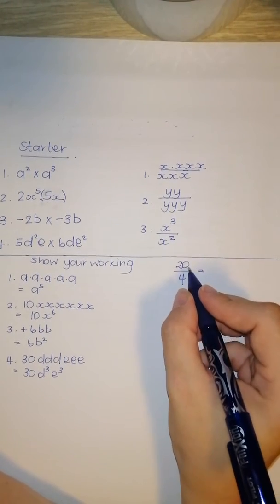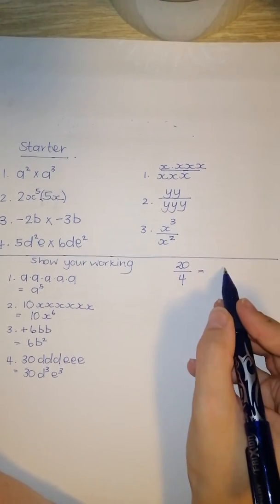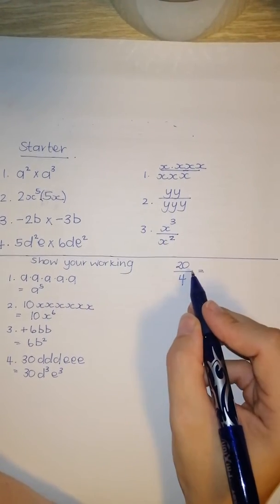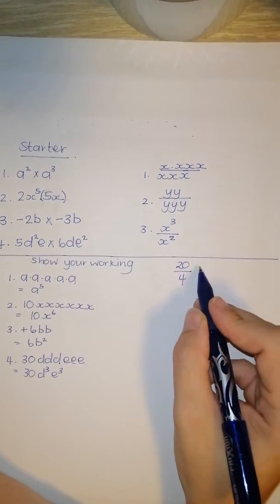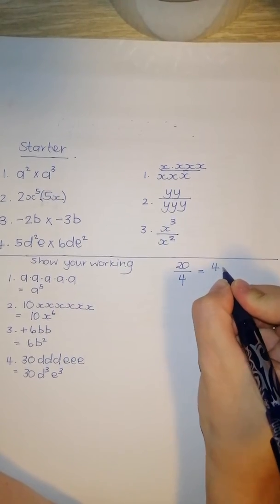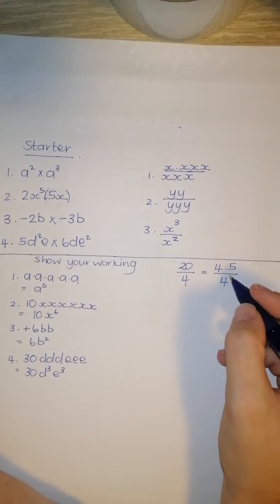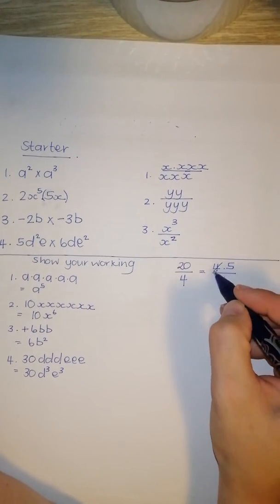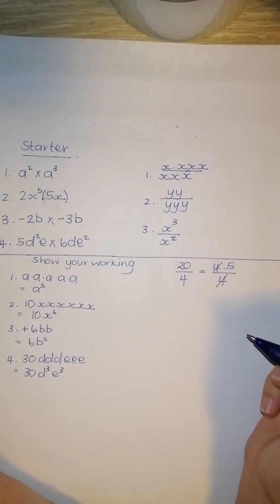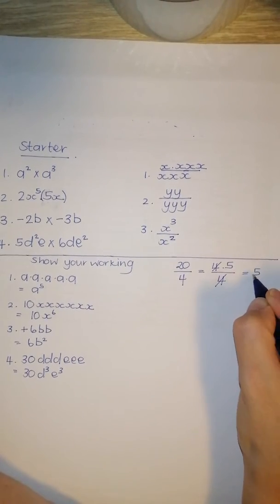So instead of saying 10 times 2, I'm going to choose 4 times 5. Because if I choose 4 times 5, then I can easily simplify this fraction because 4 goes into itself once and 4 goes into itself once, and it would be 5.